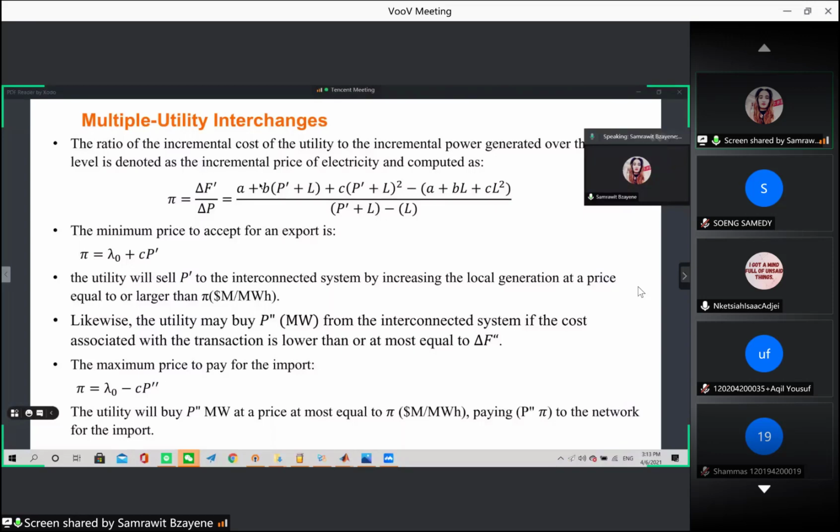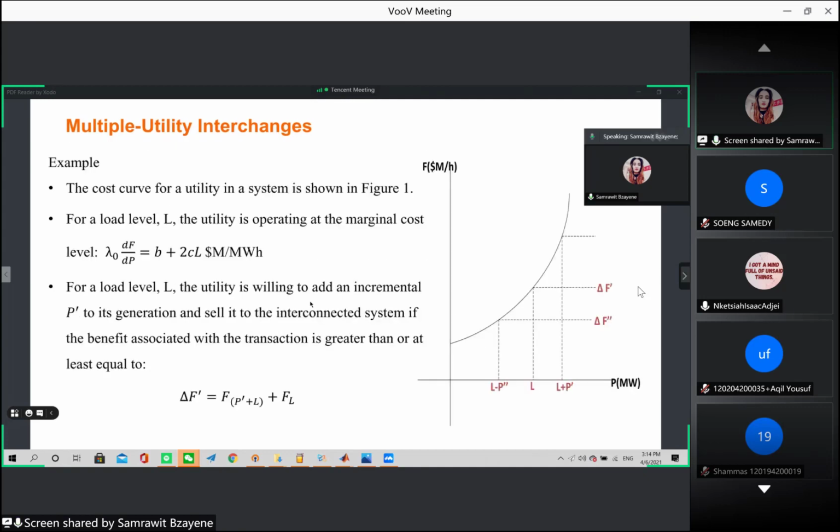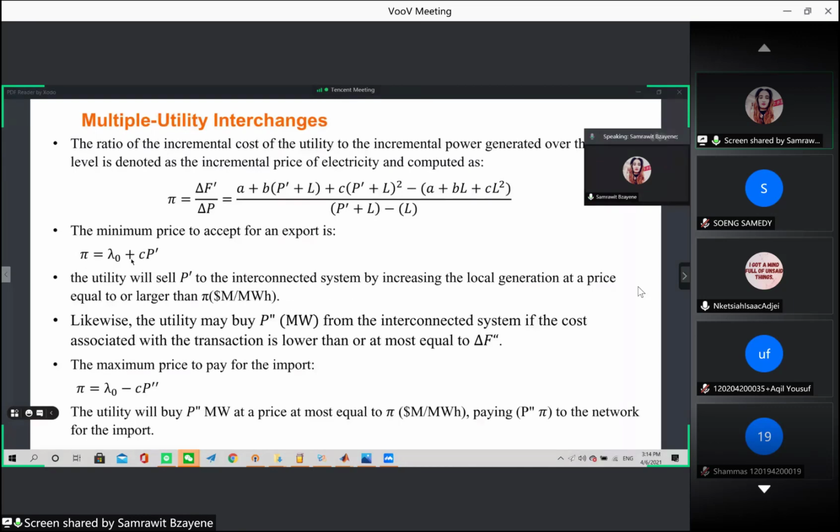This is because the product of this price and the incremental power represents the incremental cost of the utility. So the minimum price to accept for an export is when we are exporting this P single prime. So pi is equal to lambda plus CP single prime, where the utility will sell P single prime to the interconnected system by increasing the local generation at a price equal to or larger than this pi.